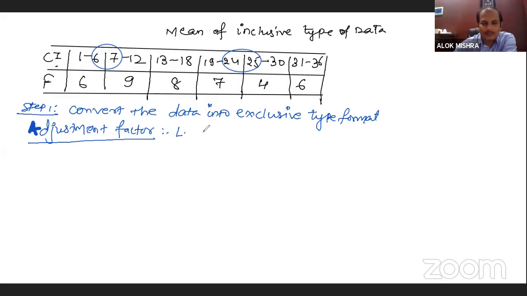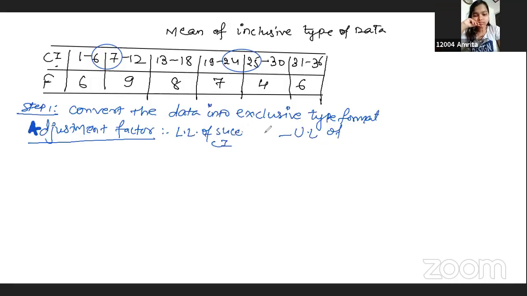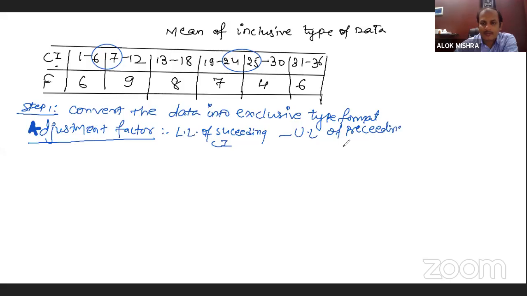Lower limit of the succeeding class interval minus upper limit of the preceding class interval, divided by 2.